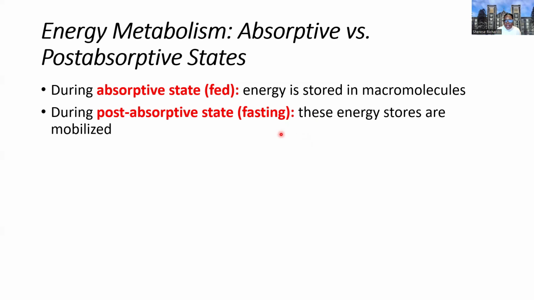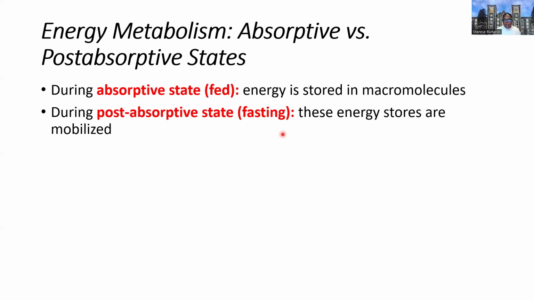Your body is in the state of storing macromolecules. It's breaking down the food components that you've eaten, and it's liberating energy or ATP, and it's storing that away in the form of those biomolecules.